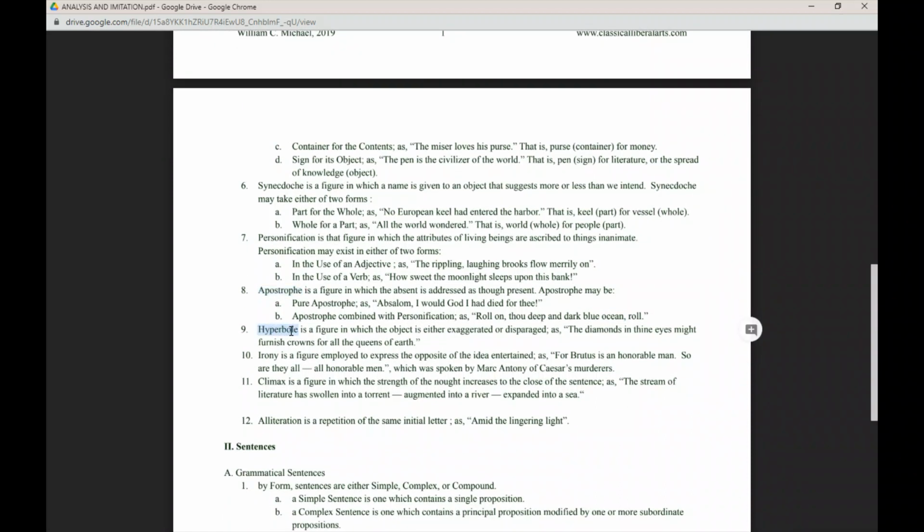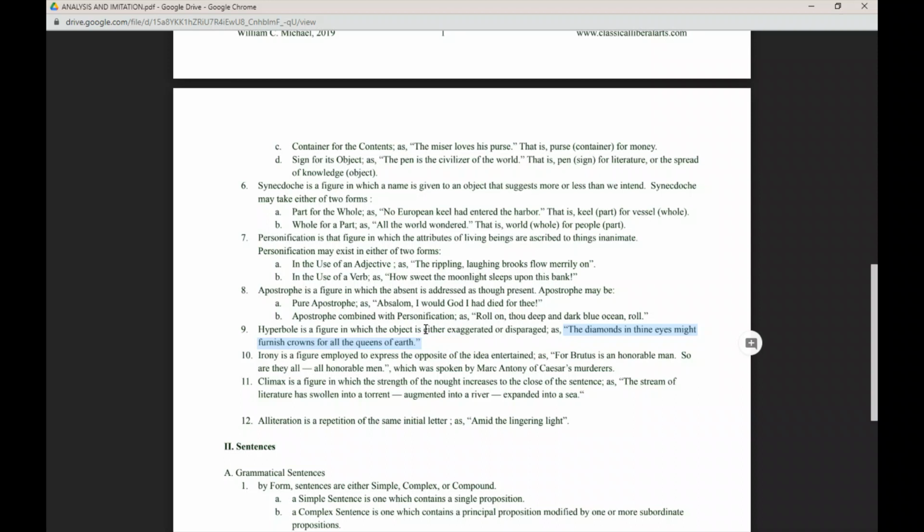Hyperbole is the 9th. Hyperbole is a figure in which the object is either exaggerated, spoken too much of, or is disparaged, spoken too little of. We have an example, the diamonds in thine eyes might furnish crowns for all the queens of the earth.